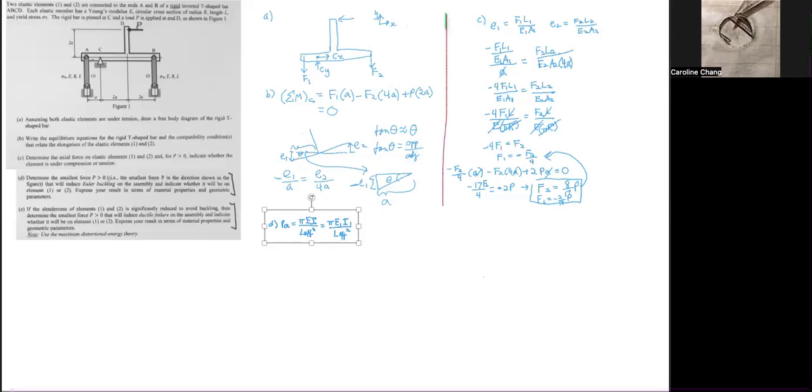So here we note that the type of structure that beam 1 is, is actually two pinned ends. Thus the L effective for a member with two pinned ends is just equal to L, the normal length of the beam.